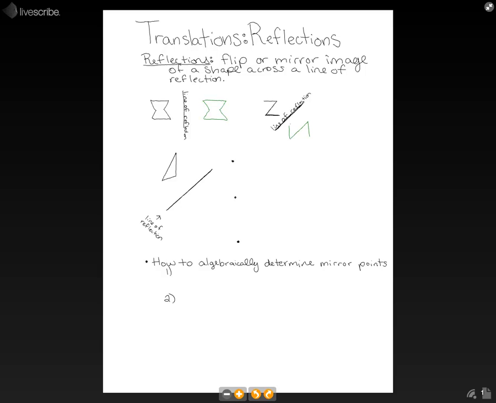So the first thing we need to do when we think about making lines of reflection is how to do it. Whenever we're looking at it, we can see that the flipped image is reflected perpendicularly across the line of reflection.